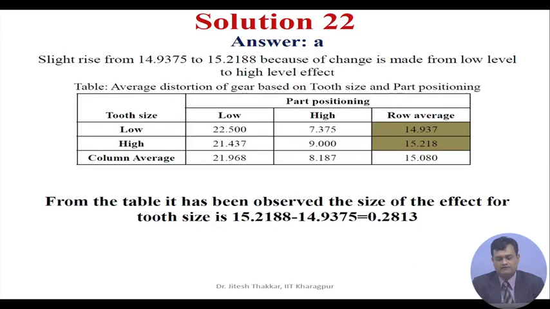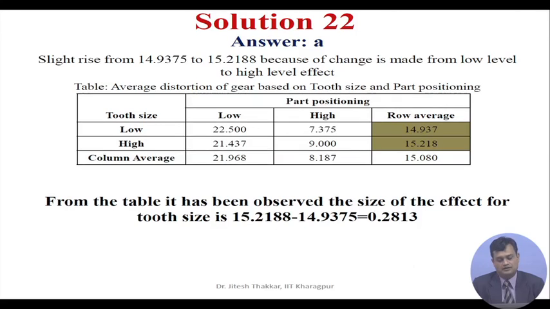For the row average, it is 14.937 for low, and the row average is 15.218 when tooth size is kept high and part positioning is changed from low to high, and the row average is 15.080.